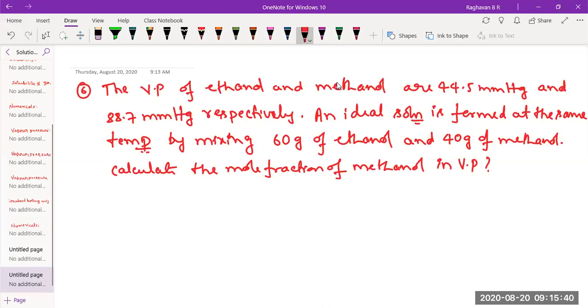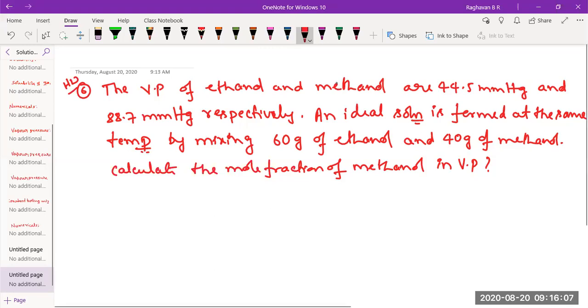Again, at the end, you have to apply Dalton's law, very similar to the problem that we had solved one problem, right? Homework. So 3 plus 1, 4 problems for you to work out. In my next class, I'll ask you, please, you have to answer. Don't demotivate me also, right? I also should get motivated.